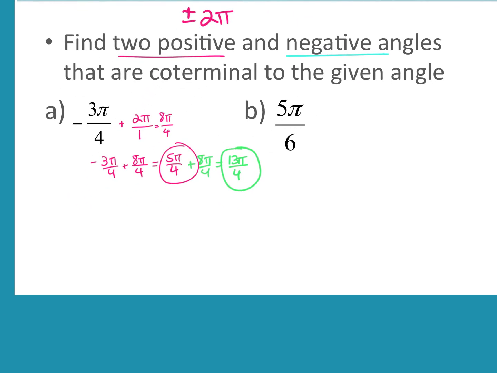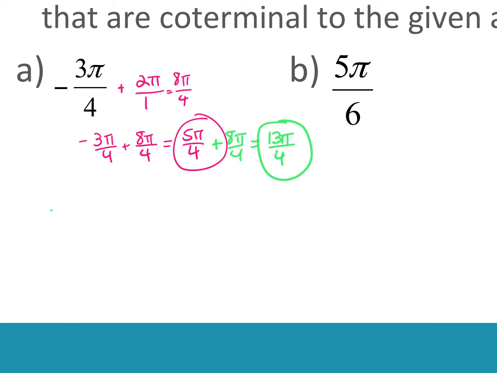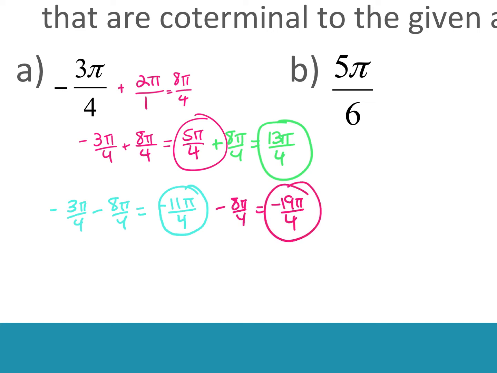How do I find those? Subtract. So I'm going to take negative 3 pi over 4, and I'm going to subtract 2 pi, which we know is 8 pi over 4. And I get negative 11 pi over 4. There's 1 negative. And then I subtract again 8 pi over 4. And I get negative 19 pi over 4. So 2 positive and 2 negative.